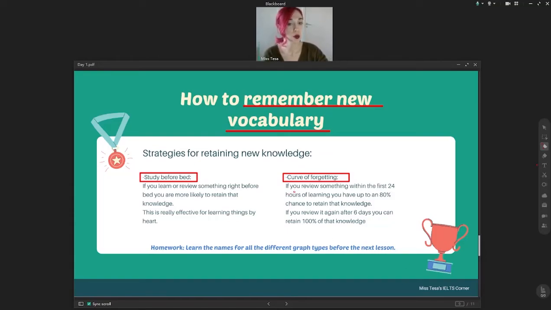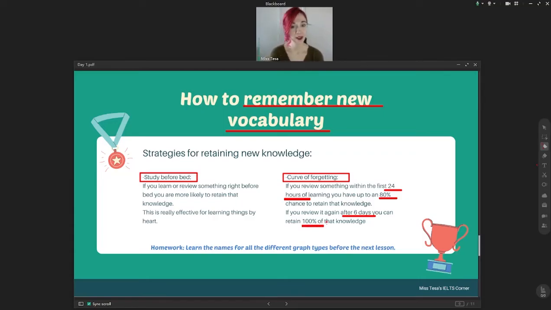Well, if you review something in the first 24 hours of learning it, you have up to an 80% chance to retain that knowledge. Okay, retain just means to keep that knowledge in your head, to permanently remember it. And if you review it again after 6 days, you can retain 100% of the knowledge.